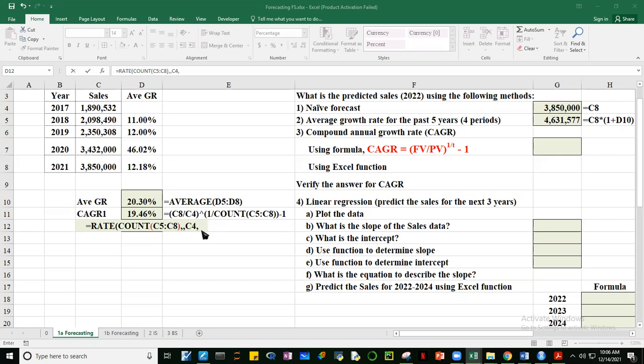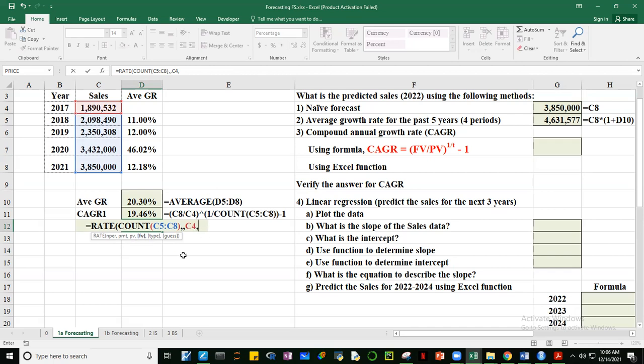Okay. So, back to our question here, guys. We're using the RATE function this time. We've identified our NPER, it's just the number of periods, the 4. And then PMT, leave it blank because this is not a PMT, this is not an annuity. Our present value is 1890.